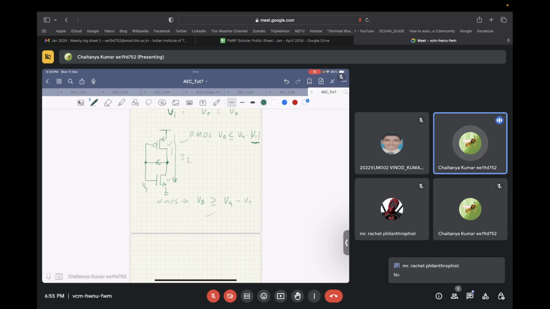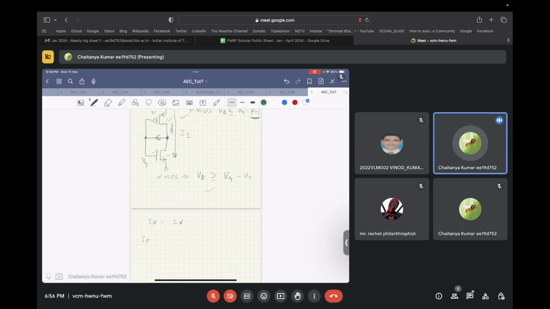No, correct. Because the input impedance of both the gates of PMOS and NMOS is infinity. So there won't be any current flowing in this direction. Whatever current flows through PMOS will be equal to the current flowing through NMOS. So IP is equal to IN.